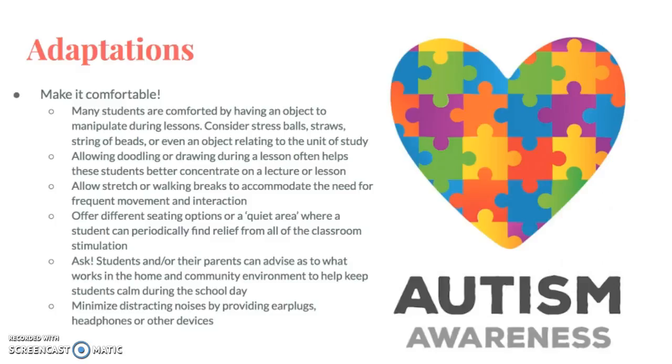Allow breaks for students to stretch, or a quick mental break from a lesson so that they can take a breather. If they need to be moving, allowing breaks would be very helpful. And offer different seating options, so if the student feels they need to go to a quiet area, they can have a certain seat where they can go and do that.